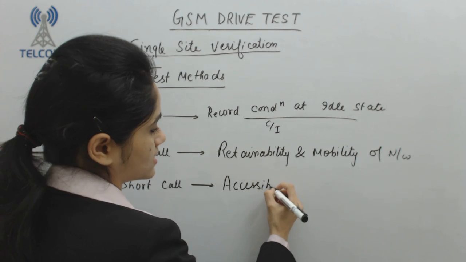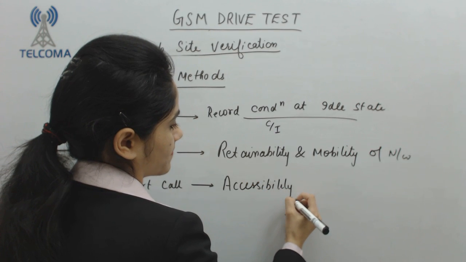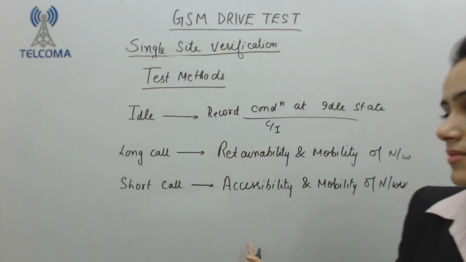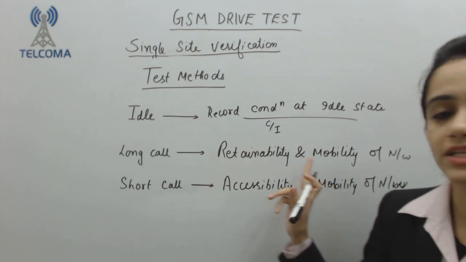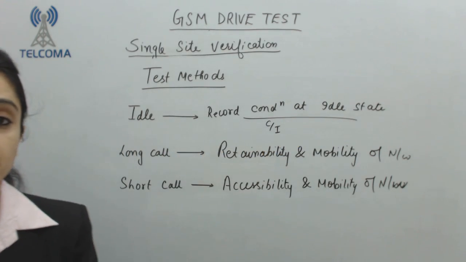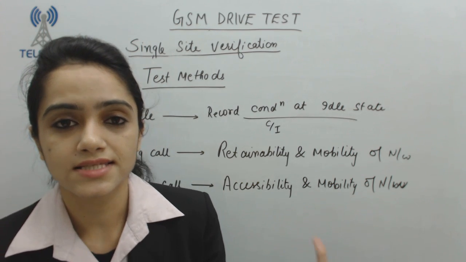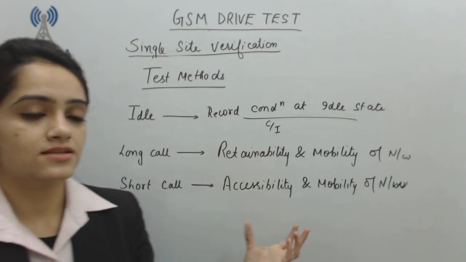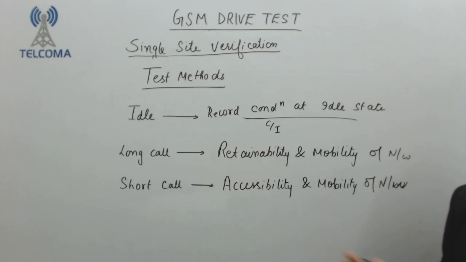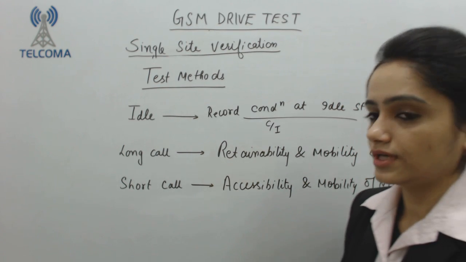Short call is there to check accessibility and again mobility of the network. So whether idle state, long call or short call, in a long call we check retainability and mobility: when we are moving, how efficient the network is at retaining my call. Accessibility is checked during a short call: I am accessible to have a call. So these are the test methods that we require to define.